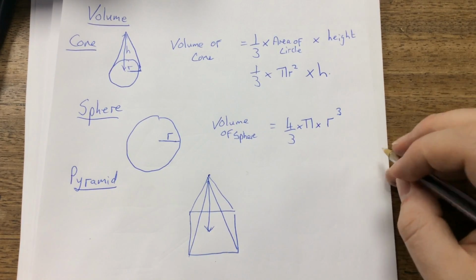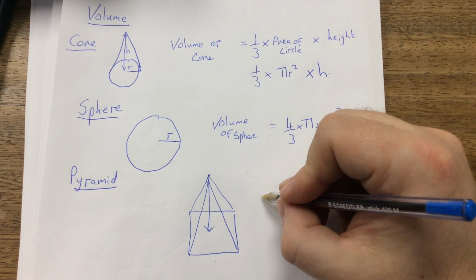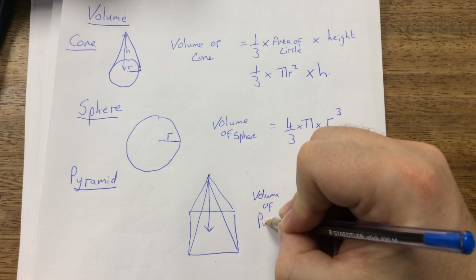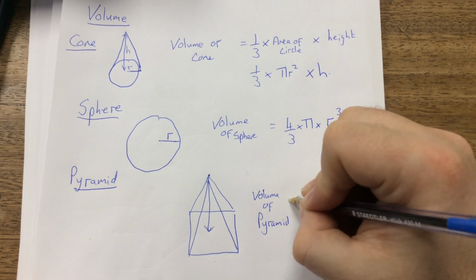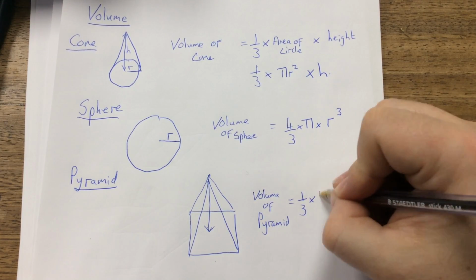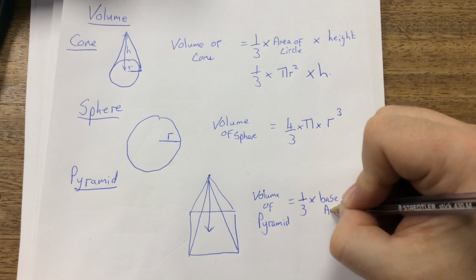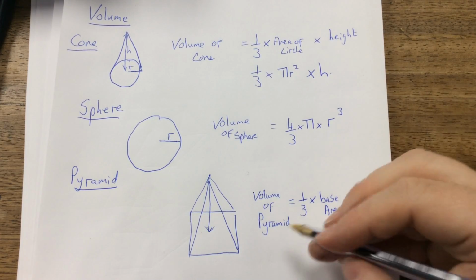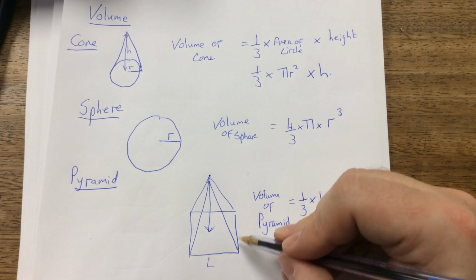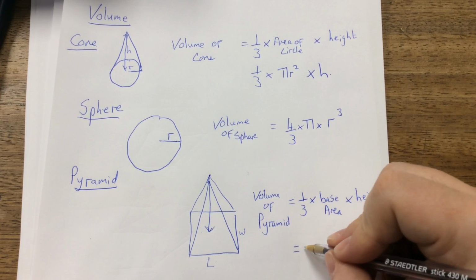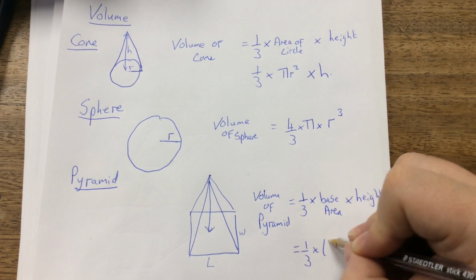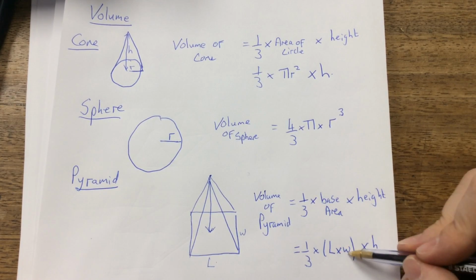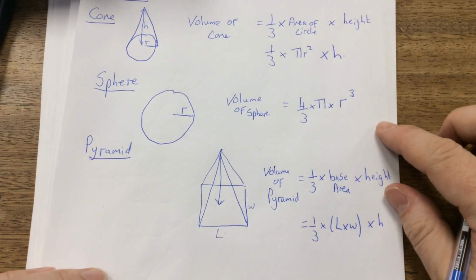So to find the volume of the pyramid is very similar to the cone in the fact the volume of the pyramid is 1/3 again times the base area, which this time is going to be a square, times the height. So if you want to call your square length times width, it's a third times the area of a square, length times width, times the height. But because it's a square, the length and the width would always be the same.